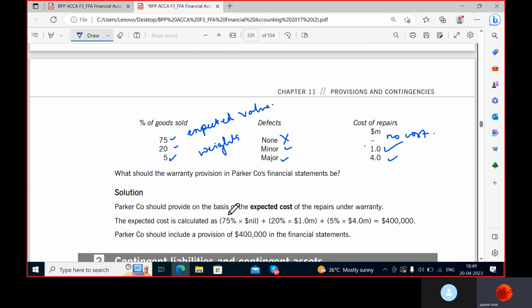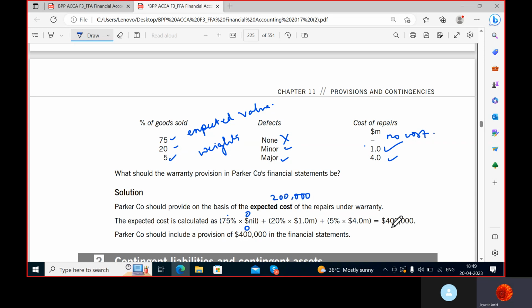So the expected cost will be 75% of 0, that is 0, plus 20% of 1 million. 20% of 1 million will be 200,000.